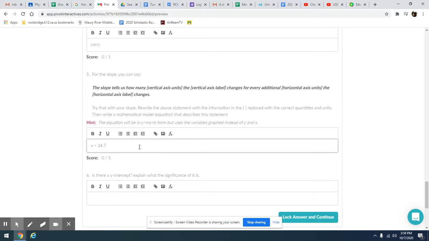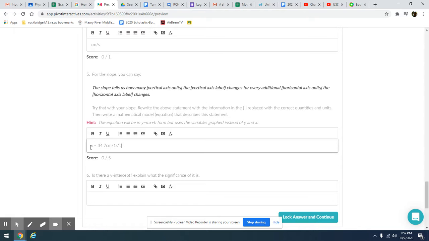No, I guess I'm not going to use that. 34.7 centimeters over 1 second times time. This is my y equals mx plus b, but I'm not using these letters. I'm using the ones that actually represent what I got here.